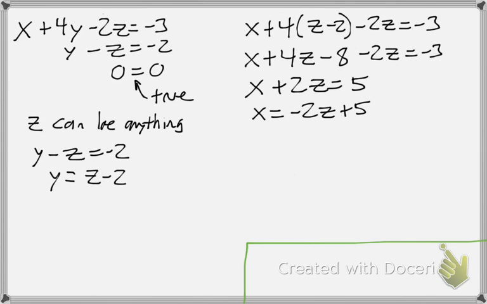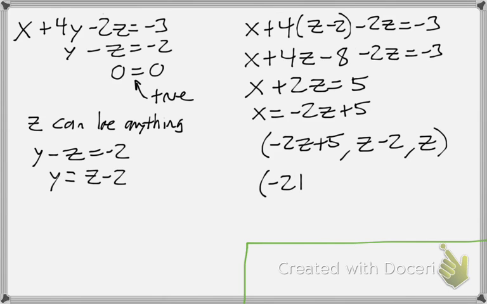So my final answer will be negative 2z plus 5, z minus 2, and z. Or they could potentially want you to use t, like they've done before.